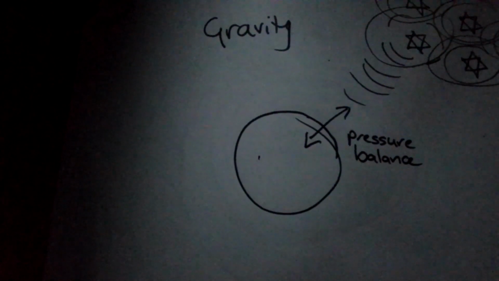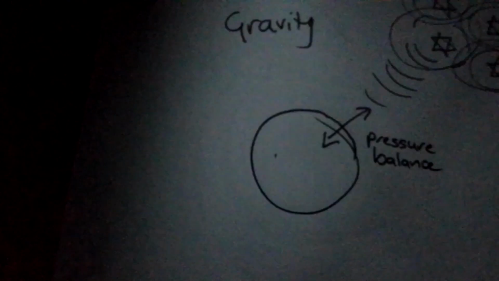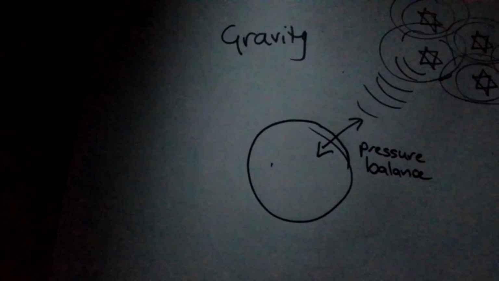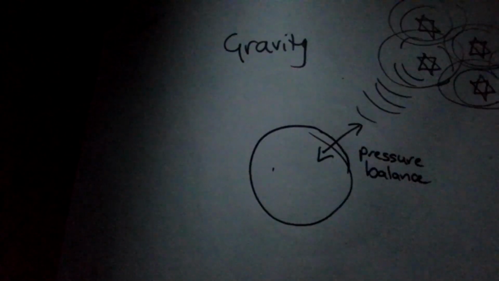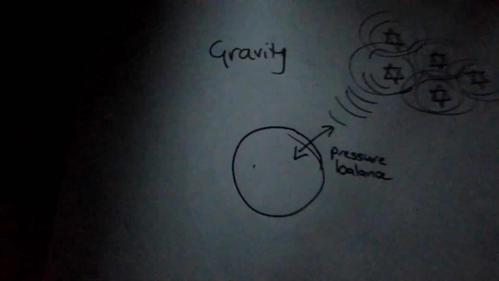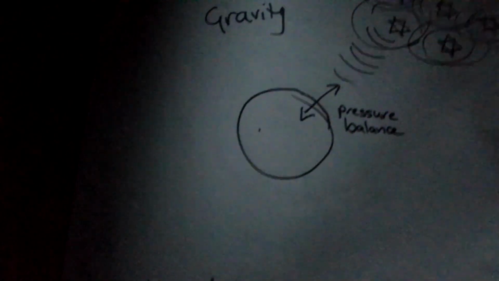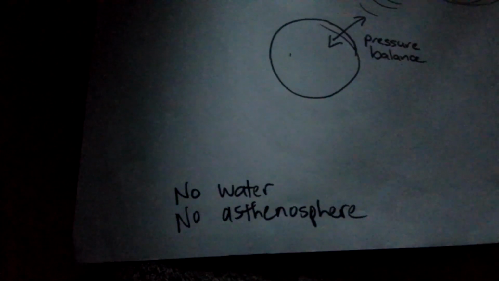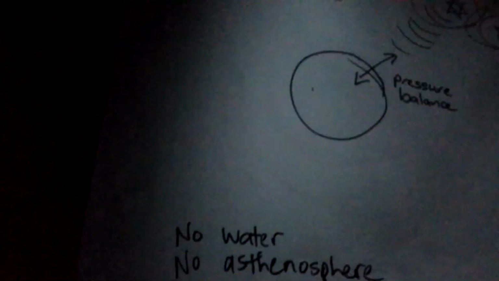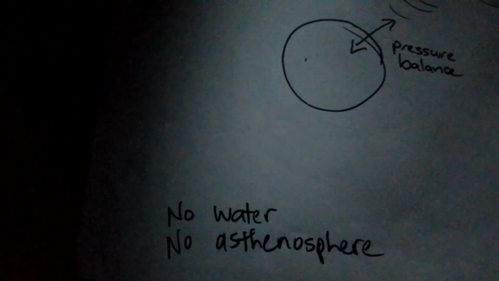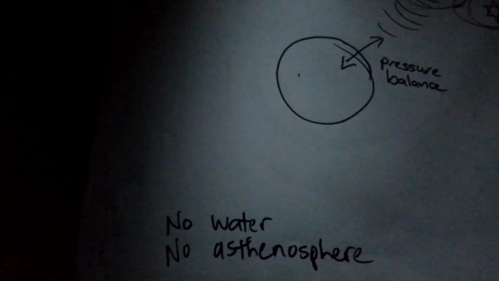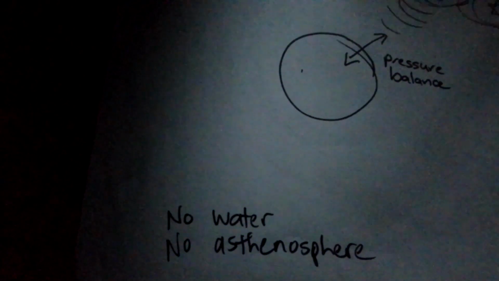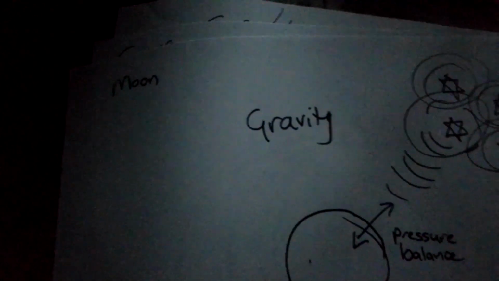It has a huge gravitational force on the tides, and that's why we think bodies of matter that condense into moons and satellites and planets and even asteroids have a gravitational force, just because they exist as a lump in space, moving and attracted and rotating or circulating around another one, like the Earth circulates around the sun, and the moon circulates around the Earth. But we have no water, no asthenosphere, and it's smaller, and so we have a smaller gravity.